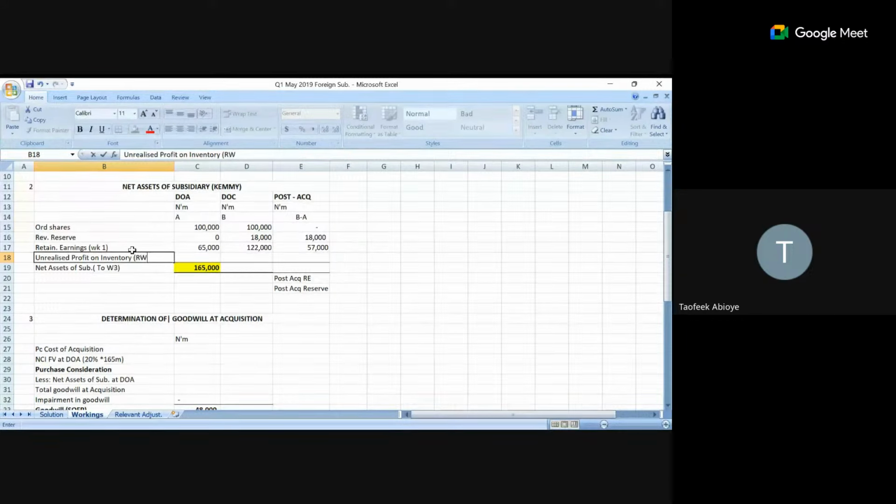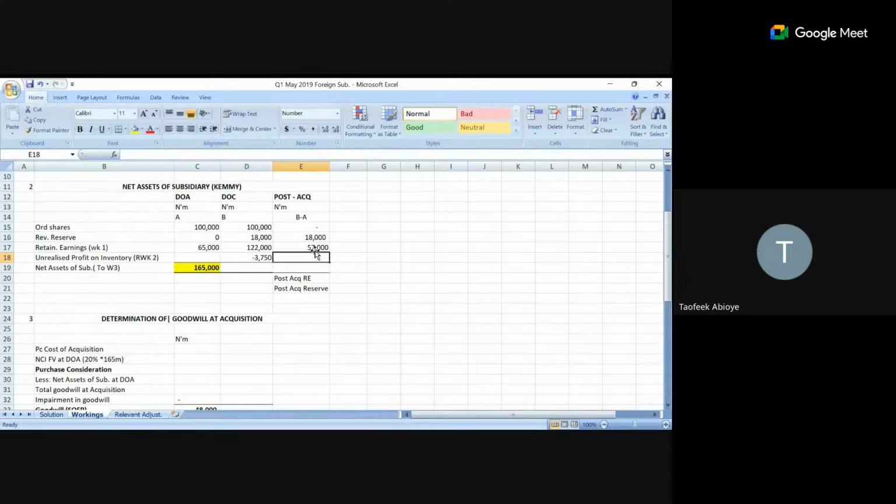Relevant working note 2. Now, please, all the adjustments we do in additional information are going to your DOC. Please, let's take note. They are all going to your DOC. At all times, going to your DOC. How much is it? Minus 3,750.